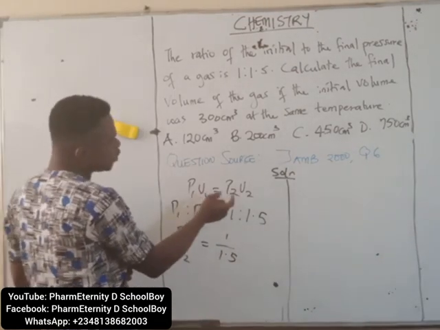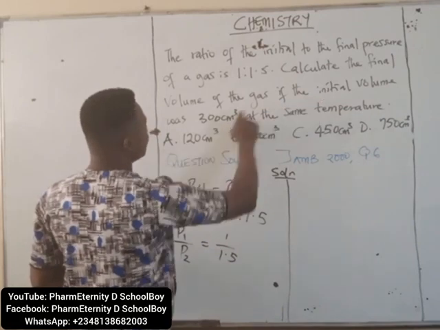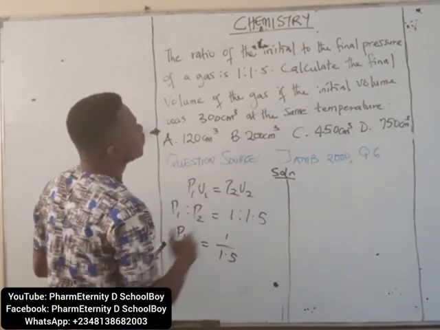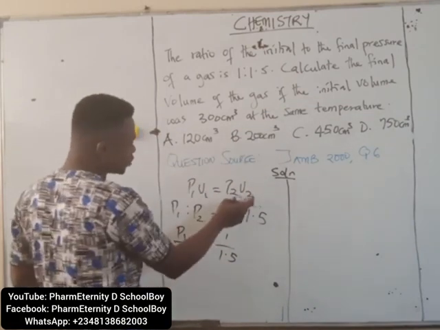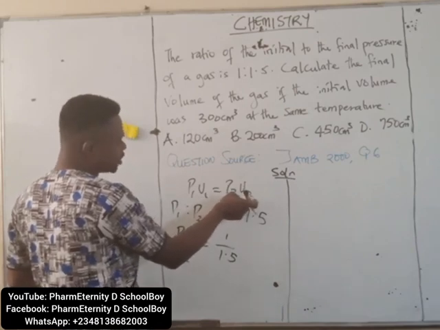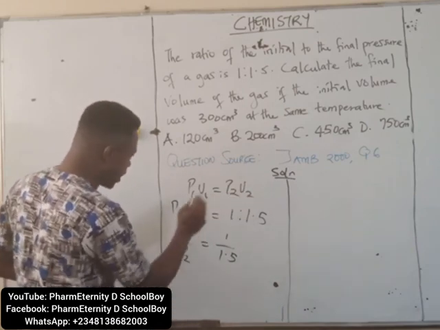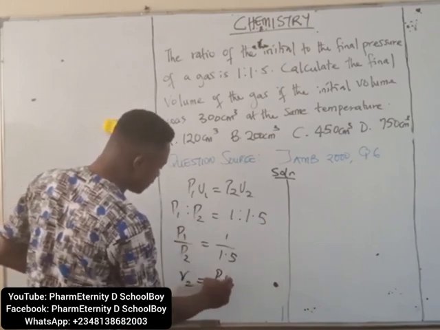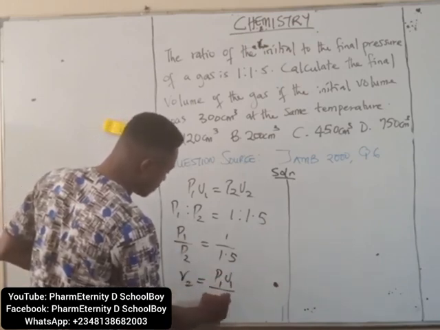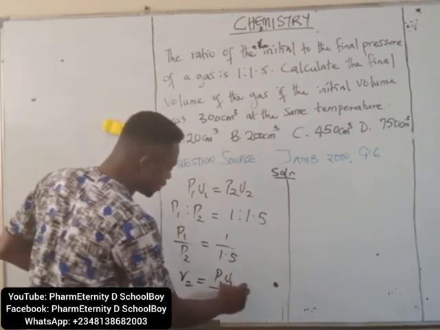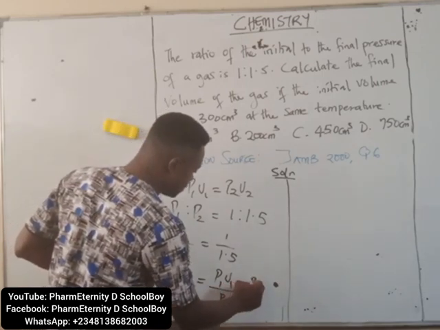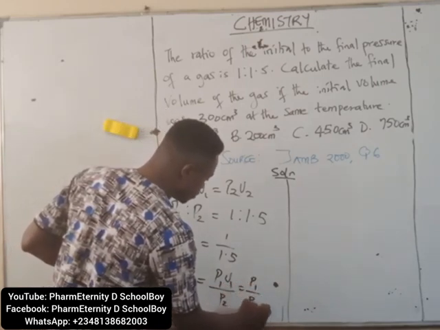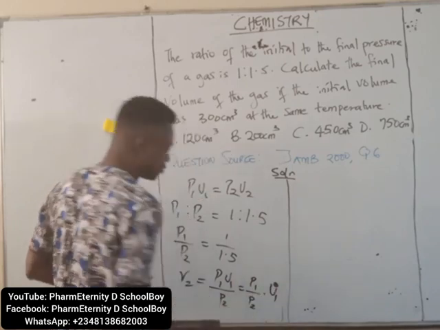We are looking for what? The final volume. Final volume here is V2. Making V2 the subject of the formula here, we have that V2 is equal to what? P1 V1 over P2. This is equivalent to saying P1 over P2 dot V1.